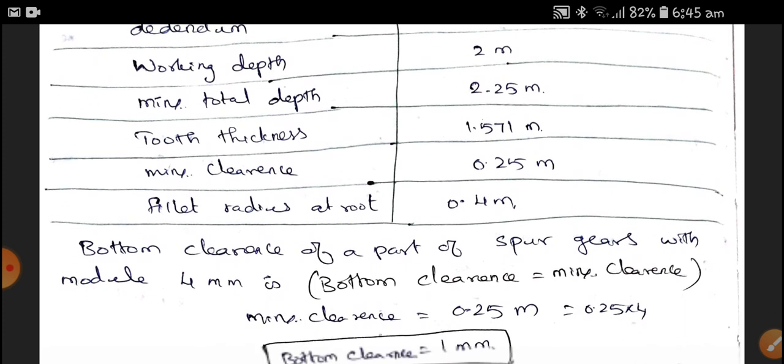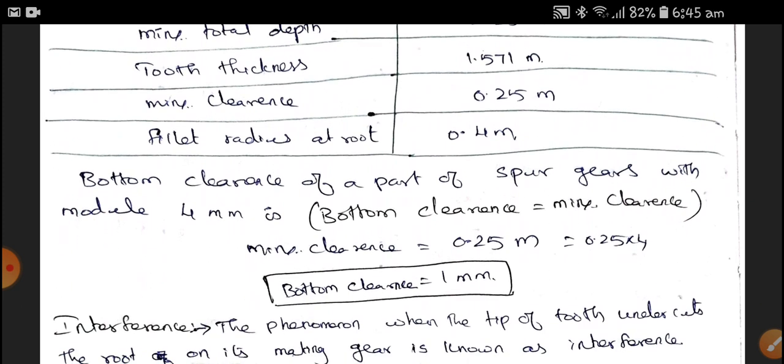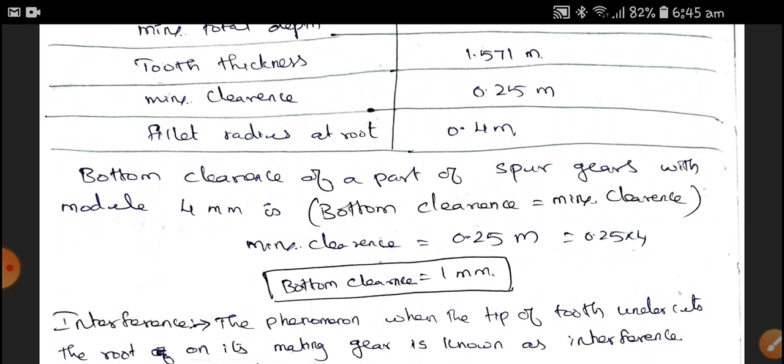Here the bottom clearance of a spur gear with module 4 can be derived: the bottom clearance is equal to the minimum clearance. The minimum clearance is equal to 0.25 module, therefore 0.25 into 4. If a gear system has module 4, the minimum clearance at the bottom, or bottom clearance, is supposed to be 1 millimeter.